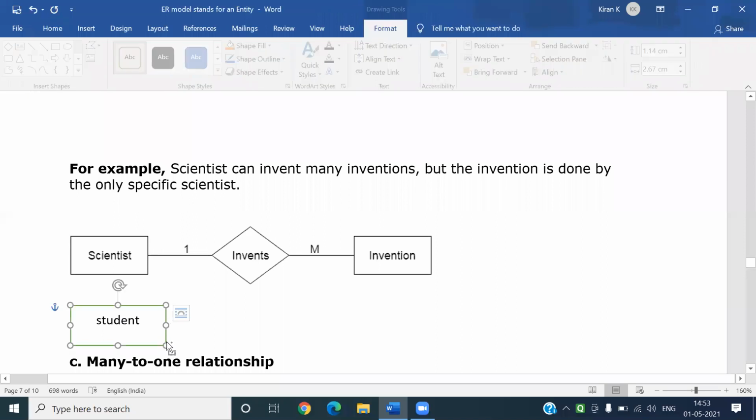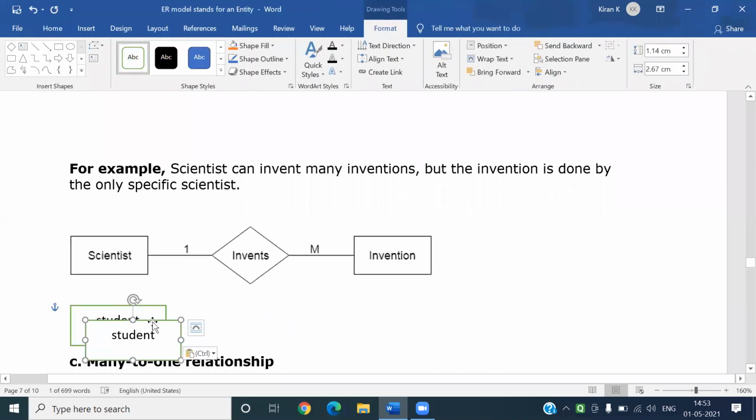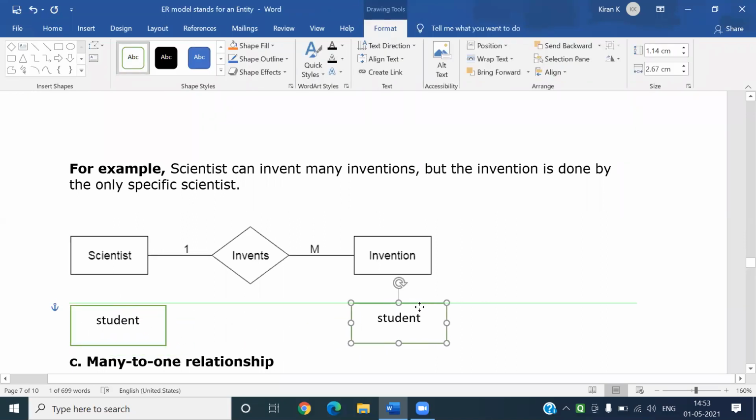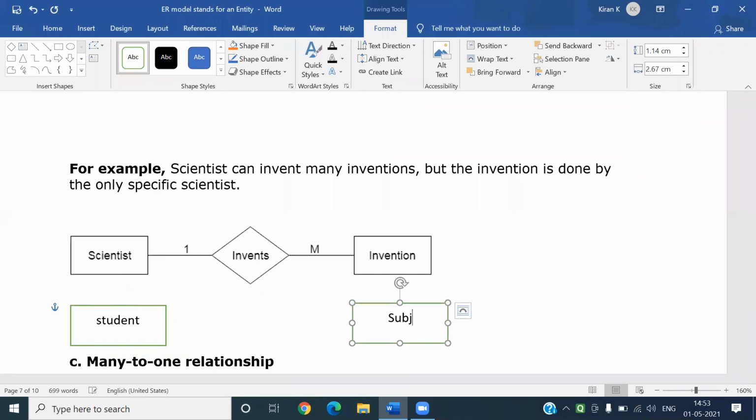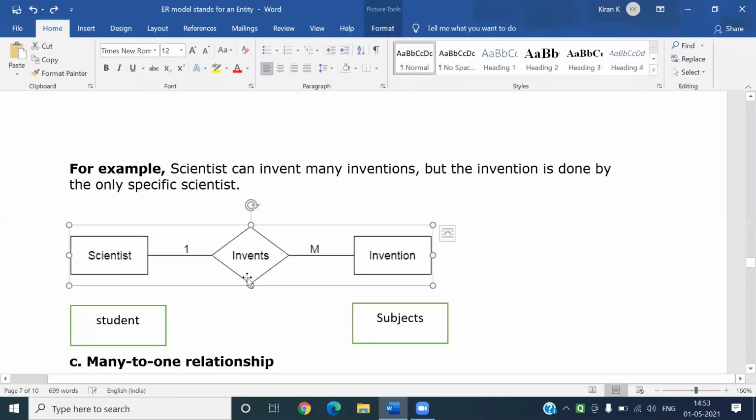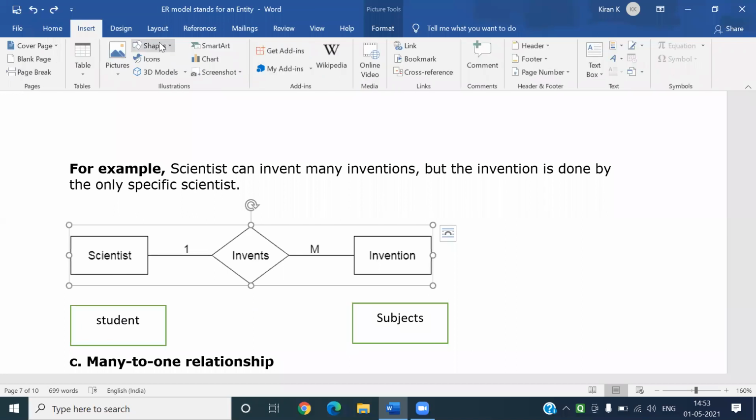Then you take subjects. What is the relationship between these two?